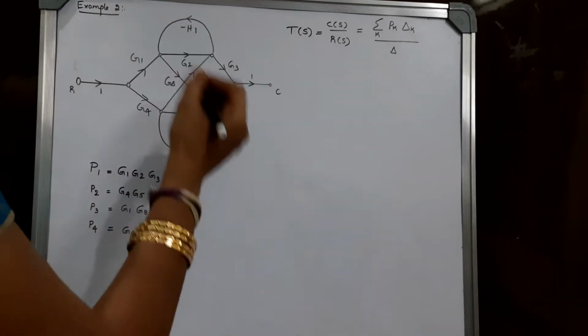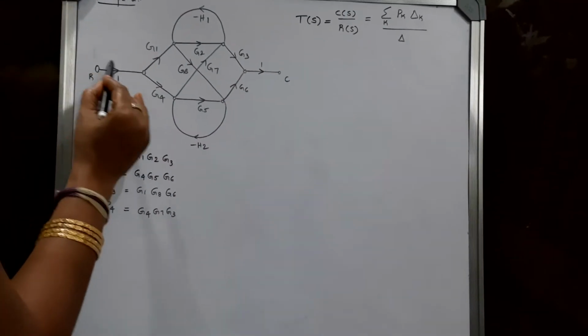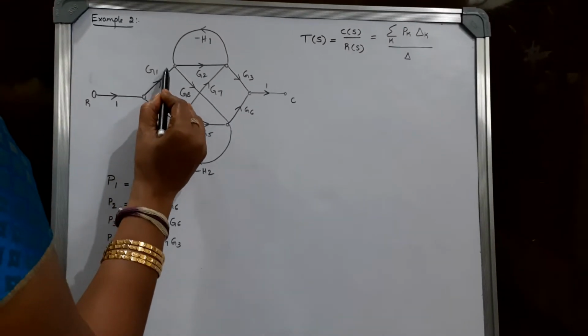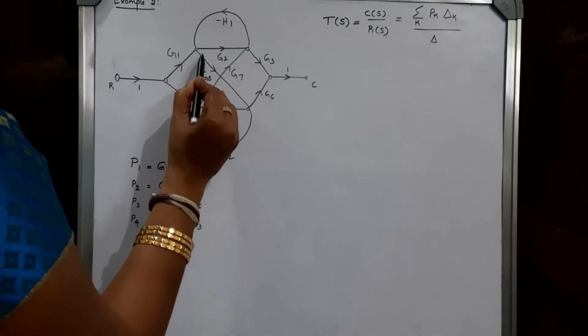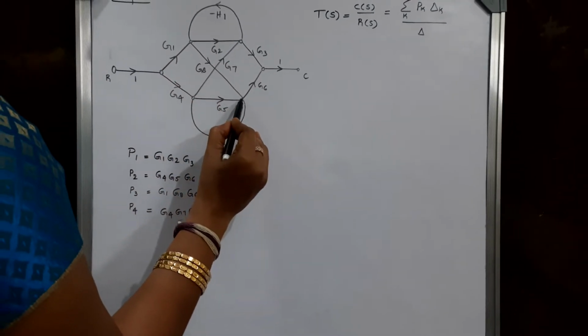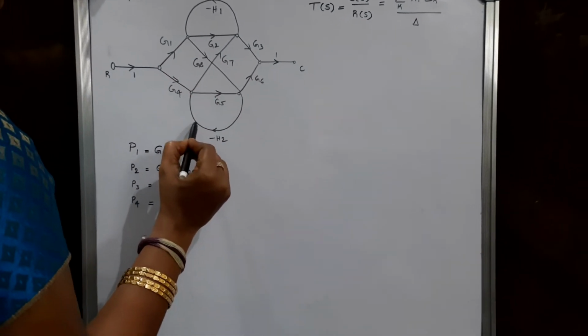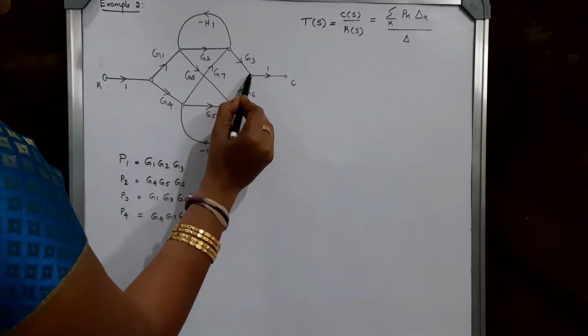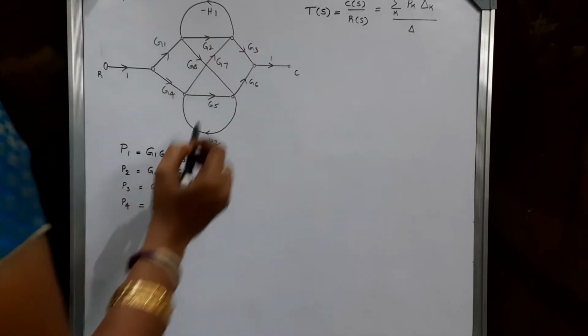Are there any others? Let's find out. Carefully observe here. So G1, G8, H2, G7, G3, and it's reaching the output.